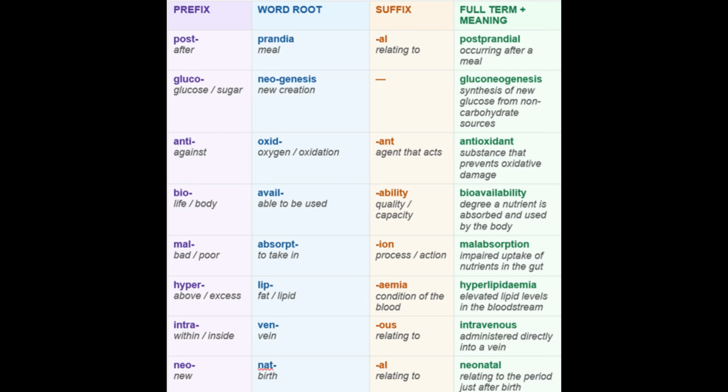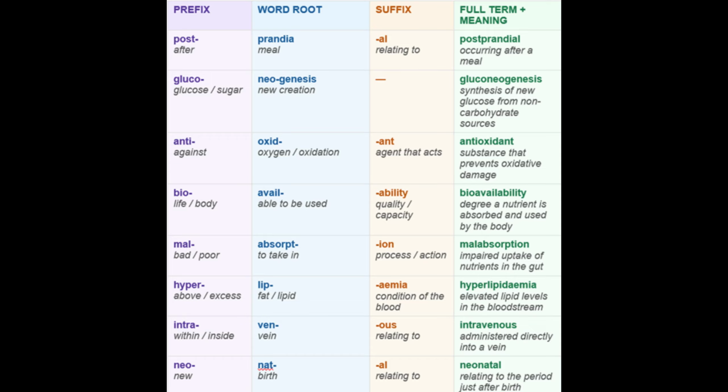Now let's look at bioavailability. The prefix bio means life or the body. The root avail means able to be used, and the suffix ability indicates a quality or capacity. Bioavailability refers to the degree to which a nutrient is absorbed and utilized by the body.